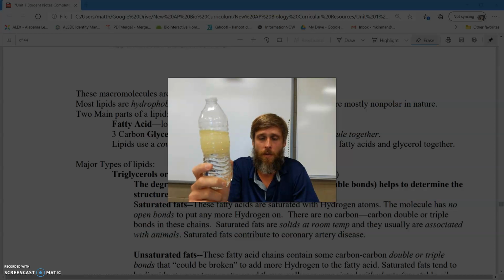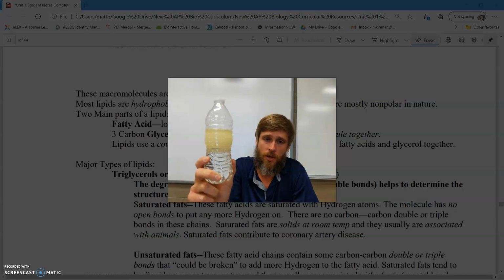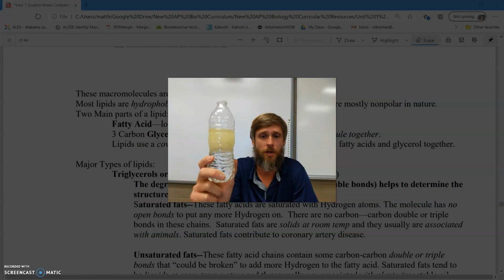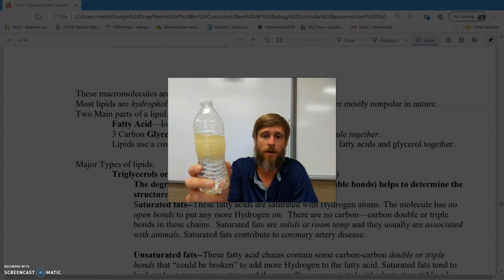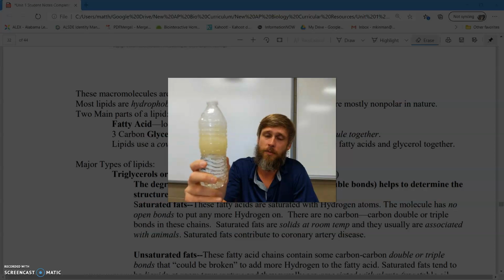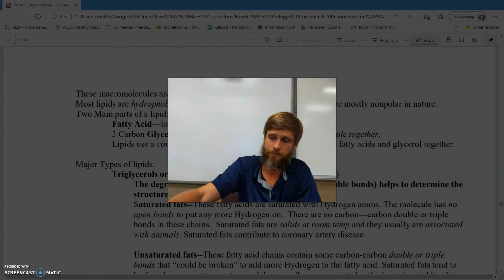Surfactants in soap. So when you wash your hands with soap, you're breaking water surface tension so that the water is more effective at washing your hands. It also could help you wash off lipids, but still would not be as good as using another nonpolar substance. All right, so this is a type of lipid here, canola oil.